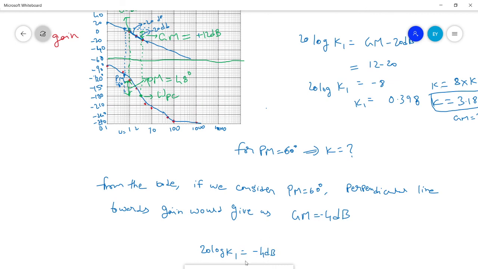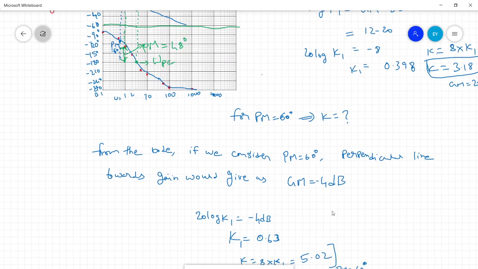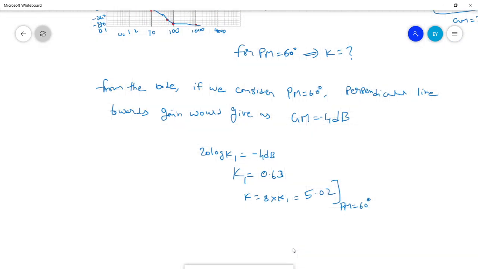This is nothing but the gain margin when you shift the phase crossover frequency. When you shift it, what you get is minus 4 dB. So this is how we can calculate the unknown K if they ask you to compute K from the transfer function using the Bode plot.